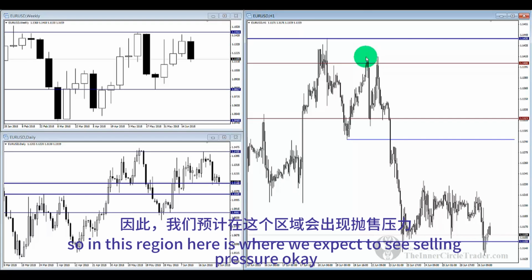So in this region here is where we'd expect to see selling pressure.